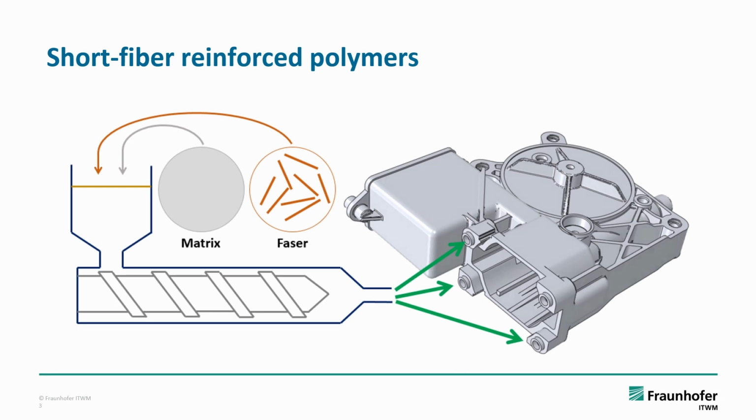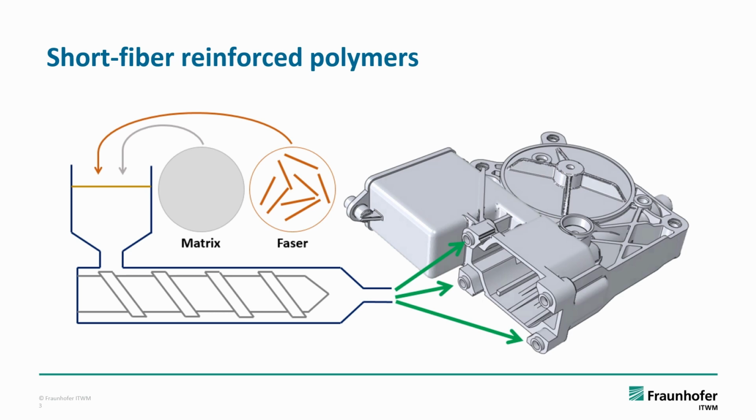Short fiber reinforced polymers are composite materials consisting of a matrix and fibers. These fibers have typical aspect ratios of 20 or 25, and they're stirred into the matrix material and then extruded via an injection molding process and injected into a component at some predefined points.